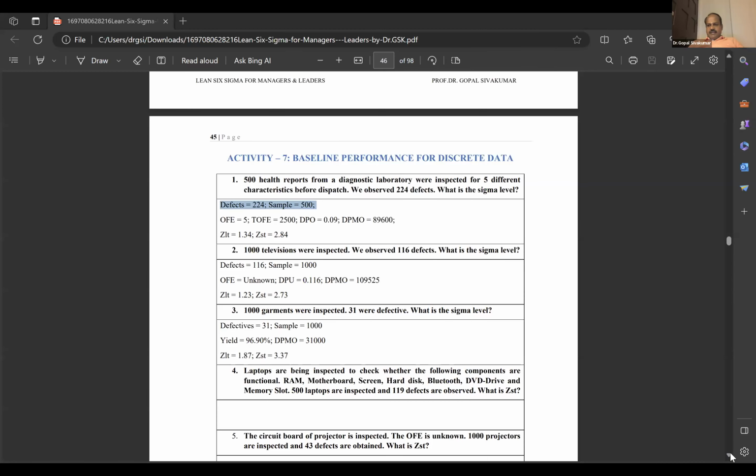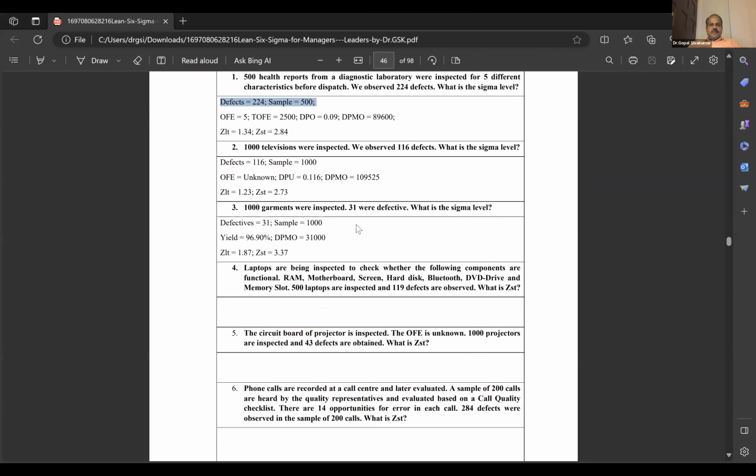Now, what you people are going to do is do it yourself, right? And I will only share the particular activity. See here, the first activity we have discussed. Now, 1000 televisions were inspected. 116 defects found. What is the sigma level?